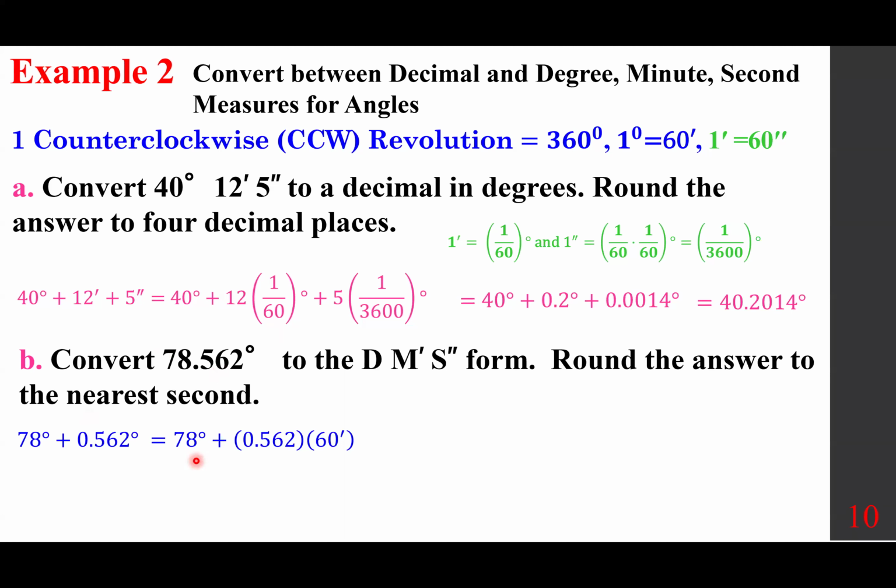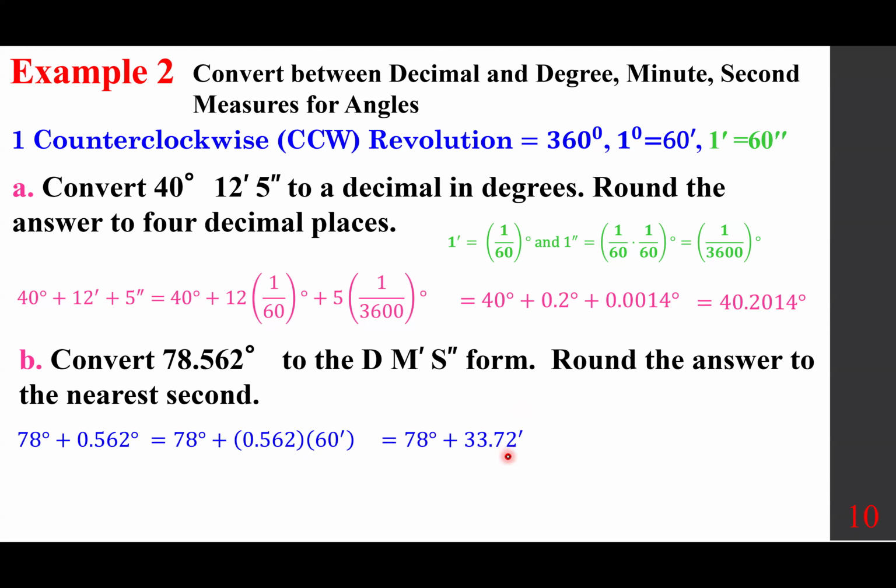So 78 degrees is fine. This one, if we multiply it by 60, this part becomes minutes. So the product of these two will give us this number. So that means this is 78 degrees and 33.72 minutes. So we keep this and we keep this.